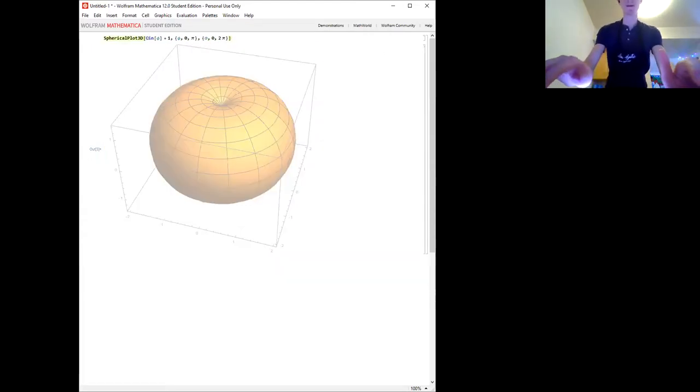I'm not going to press enter yet, but if I do press enter, we'll see a 3D model of the surface with cosine. Any guesses for what that's going to appear to be? Or you can try to explain your thought process for how to try to visualize that surface.